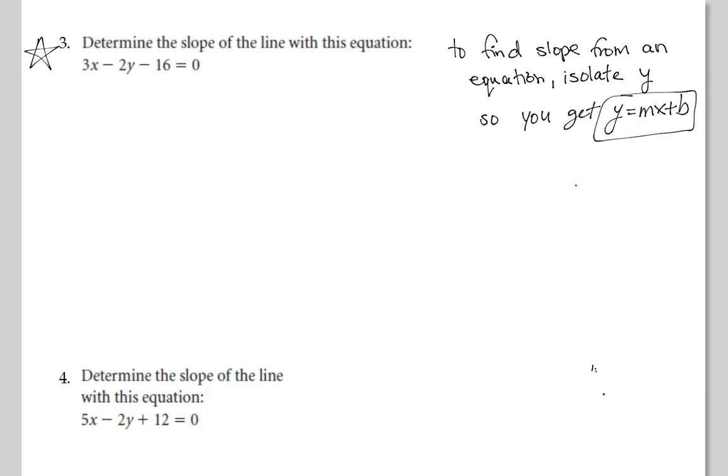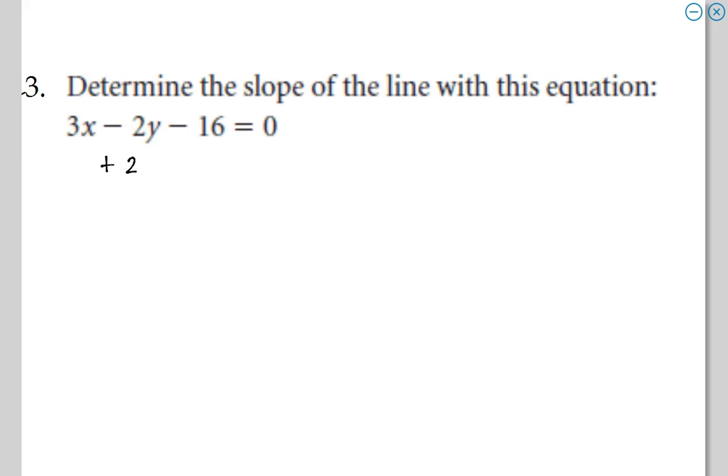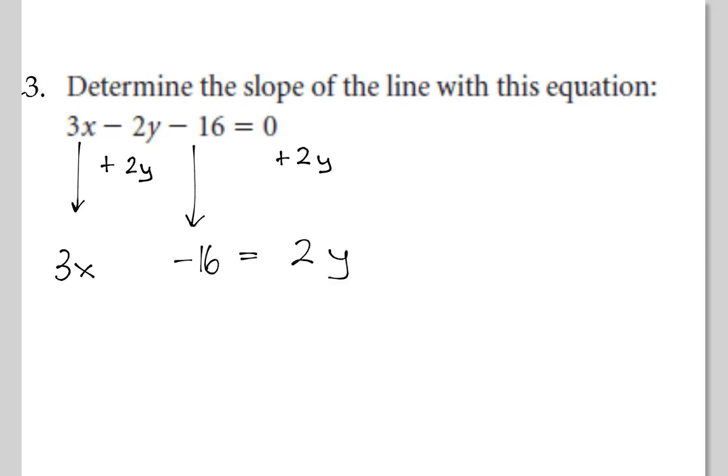It's actually the most efficient to just move the 2y. So now what's left? You have a 3x, you have a minus 16, and you have 2y. Because what's minus 2y plus 2y? That is just 0, right? So what you do to the left, you do to the right.